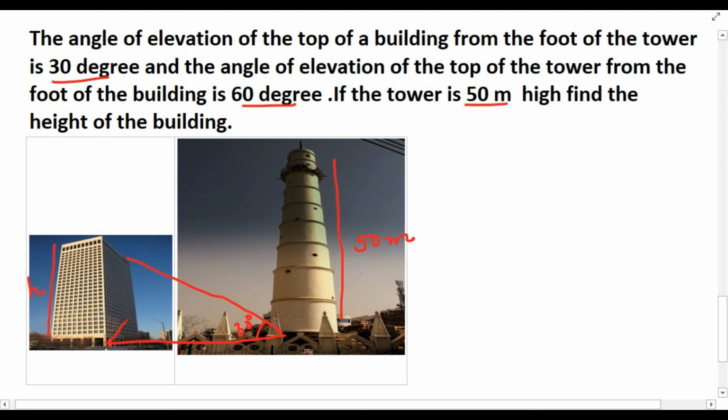We are going to look now at the top of the tower. This is 60 degree. So from the foot of the tower to the top of the building is 30, and from the foot of the building to the top of the tower is 60. Now let's see how to draw the right angle triangle for this question.